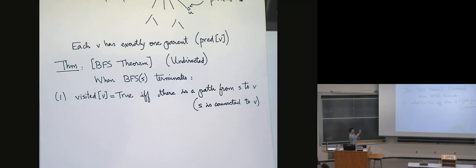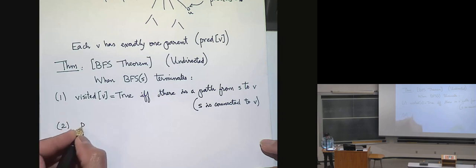So S being connected to V is the same as V being connected to S. A path from S to V means a path from V to S. When it's directed, things are more complicated. When we talk about DFS, we'll talk about undirected graphs. For the sake of this discussion of shortest paths, it's useful to think about undirected graphs. You can generalize this to directed. Okay, so that's the first statement.